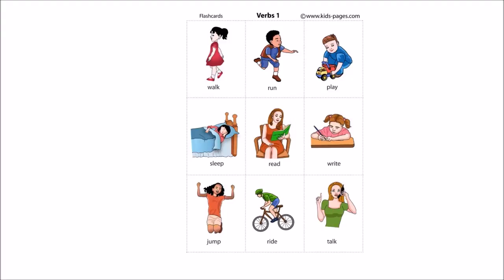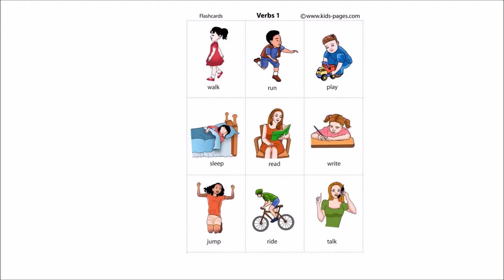Okay, sleep. Repeat after me: sleep. Read. Read a book, read a magazine. So read. Write. If you realize, you don't pronounce the W sound, it's just write.